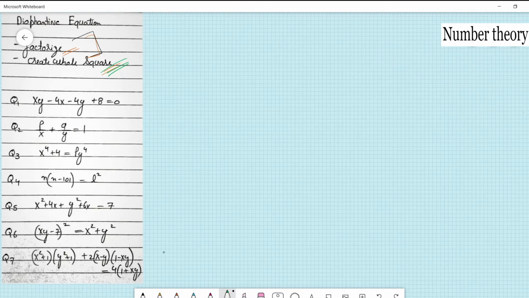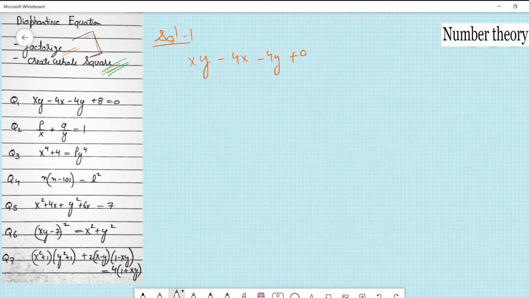So let's take up problem number 1. Solution 1. We are given this term. We want to find all integer solutions. X and y belong to the set of integers. So let's solve this.